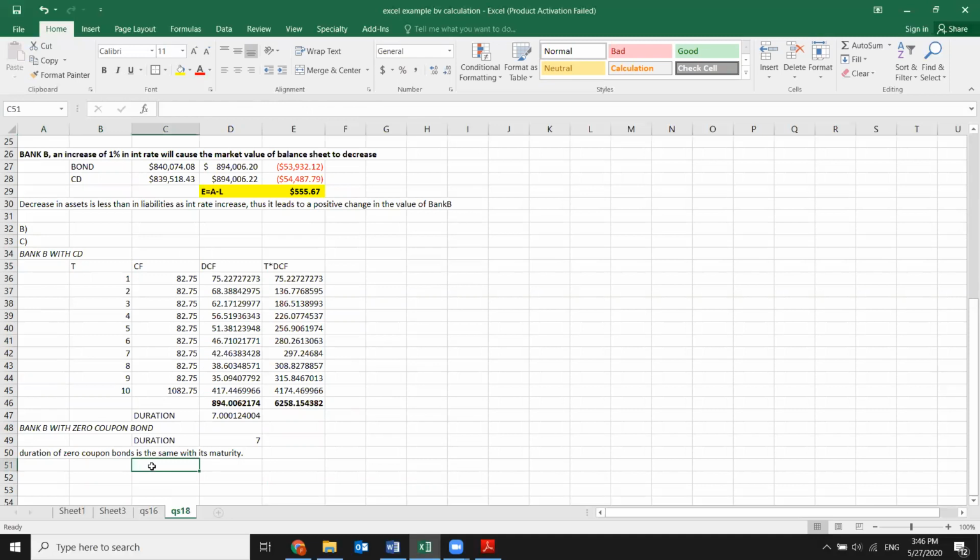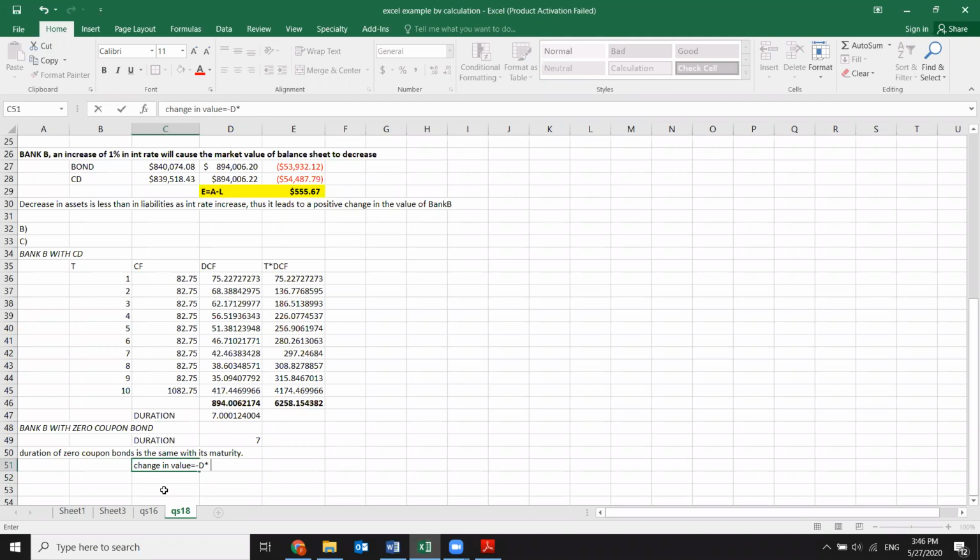Now, we calculated duration. Now, let's use it to calculate the change in value. Change in value is equal to, if you remember the formula, minus duration times the relative change in interest.